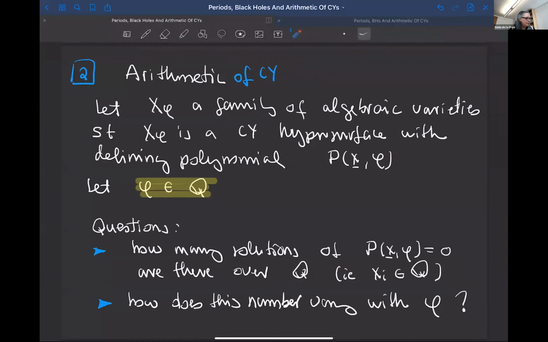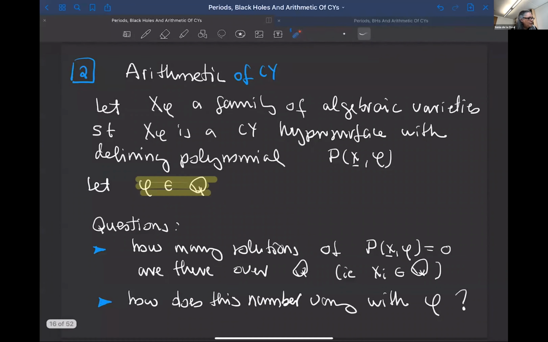Okay, so the arithmetic of Calabi-Yau manifolds. Let's suppose that we have a family of some algebraic varieties, perhaps Calabi-Yau manifolds, such that the manifold is described as a hypersurface with a defining polynomial P, where phi is the complex structure parameter. But let's suppose that we take phi in Q, the rationals.